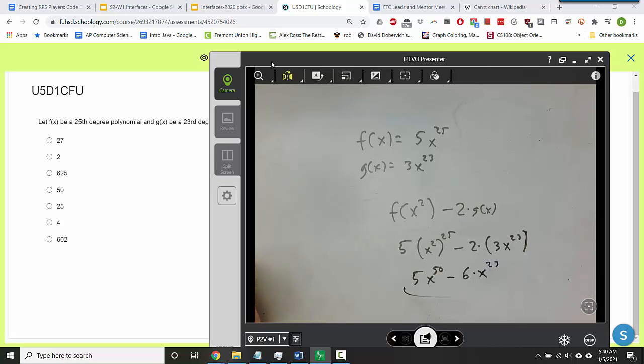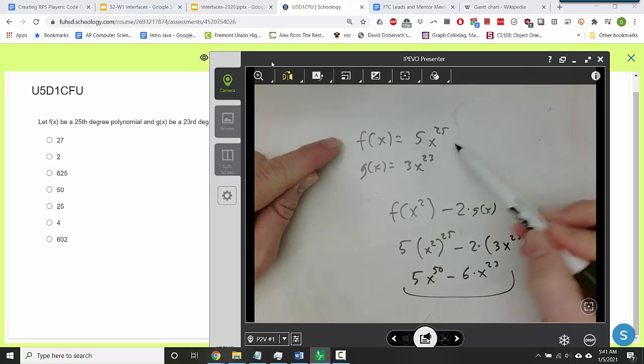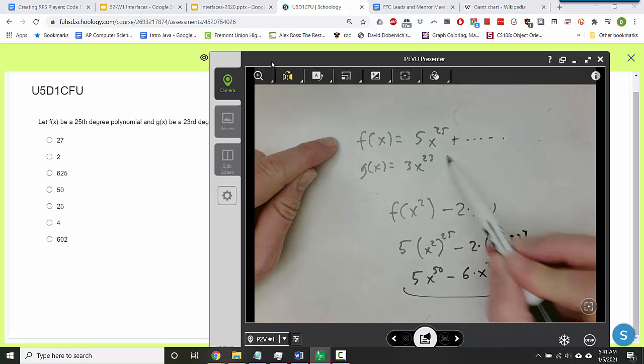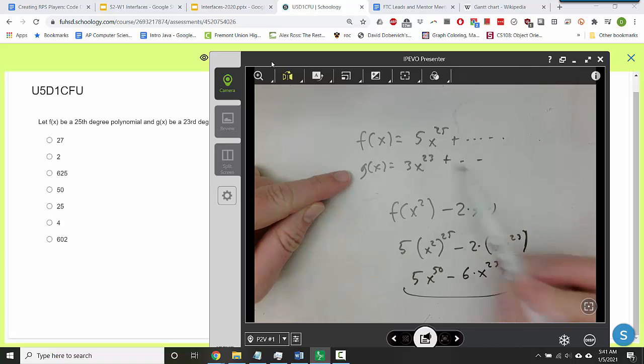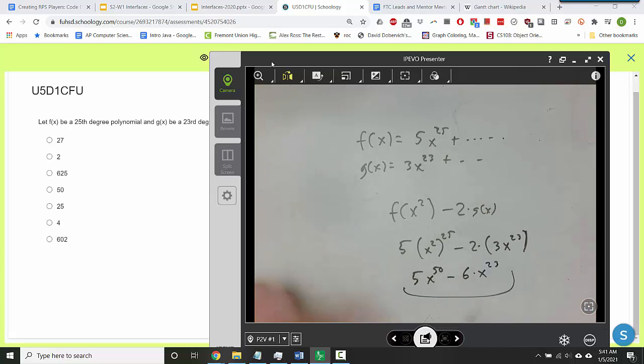And the degree of this equation is clearly 50 because 50 is the highest power of x in the entire polynomial. And hopefully you can see that it doesn't matter what else I write here. If I had other terms in these equations, I would still get the same answer because the degree only depends on the highest power term. So it doesn't matter what the lower power terms are.